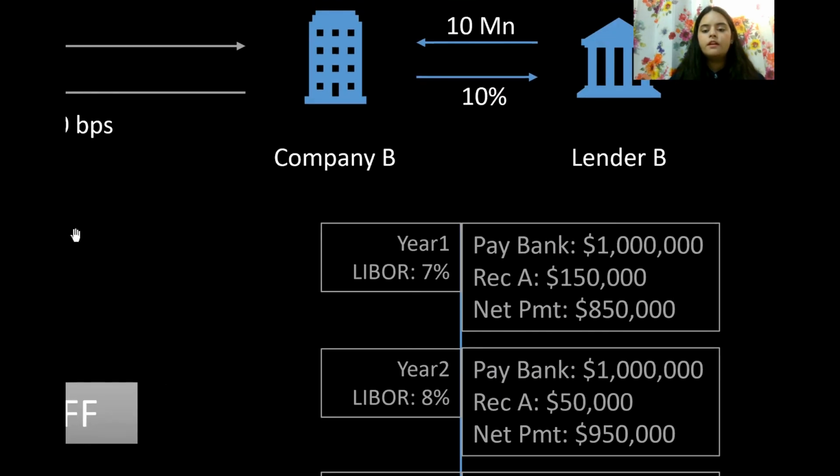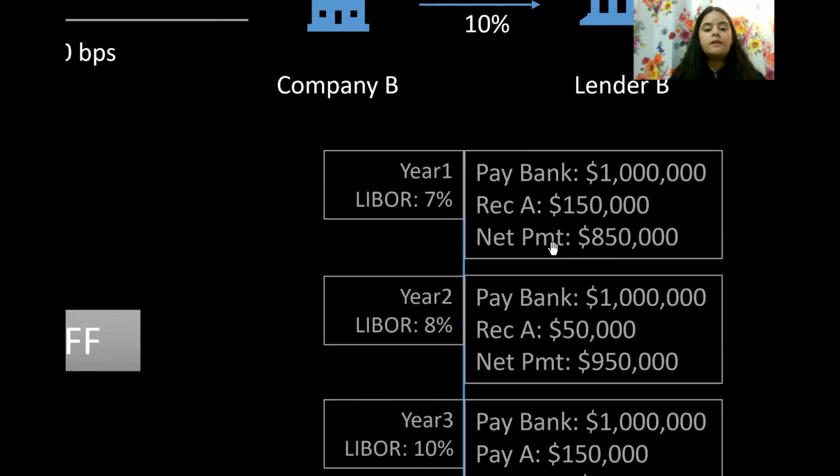So company B receives from company A $150,000, and the net cash outflow for company B is 1 million minus 150,000, so $850,000.